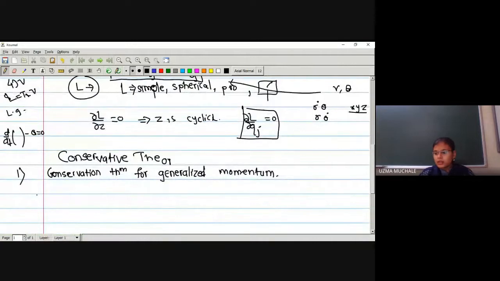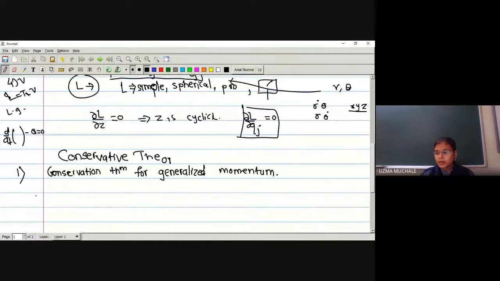Another statement for this will be to show that the generalized momentum corresponding to a cyclic coordinate is conserved.